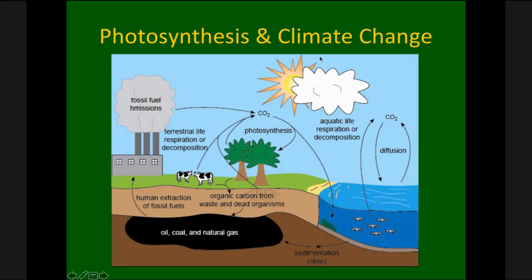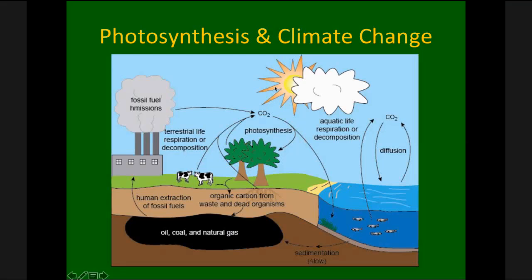And what we're seeing now with climate change is that we're adding extra carbon dioxide into the atmosphere by extracting fossil fuels, which again are dead bodies of organisms, and burning them, right? Land conversion's also a big contributor to climate change. As we're chopping down trees and vegetation, we're removing the photosynthetic capabilities of Earth's biosphere, right?